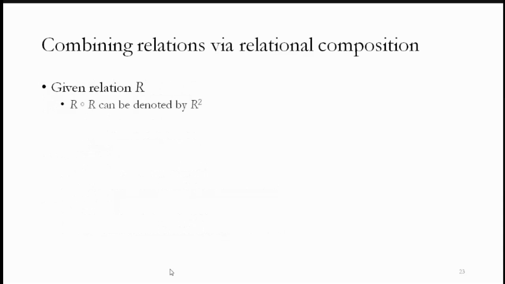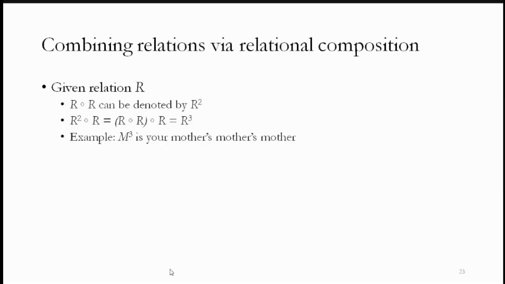So this is the way you will represent the relations. Given a relation R, the relation over relation will be represented as R square. Then R cube means the relation over R and R and R. So if you look at M cube, what is the meaning? Mother's mother's mother.